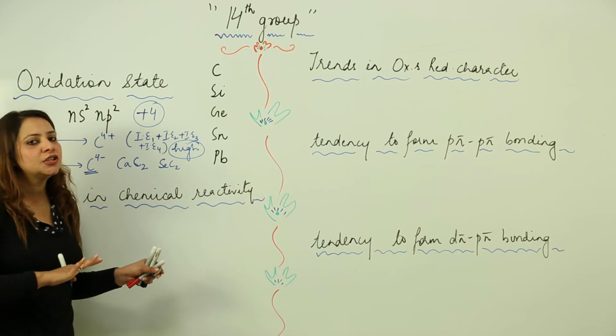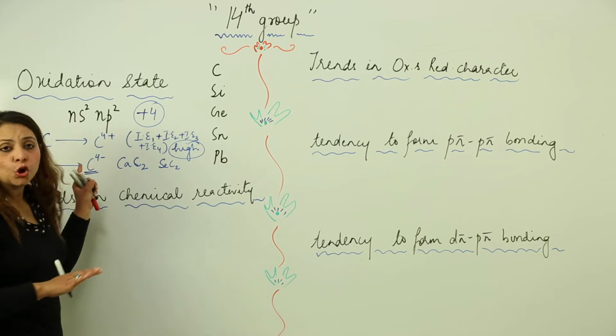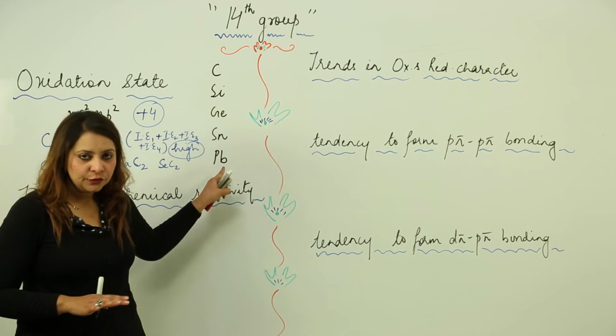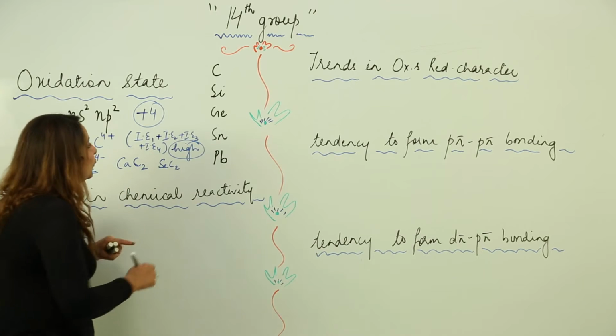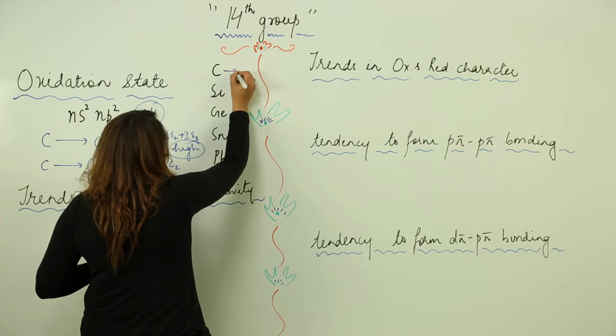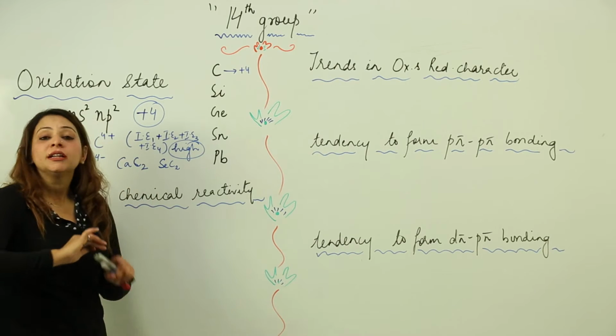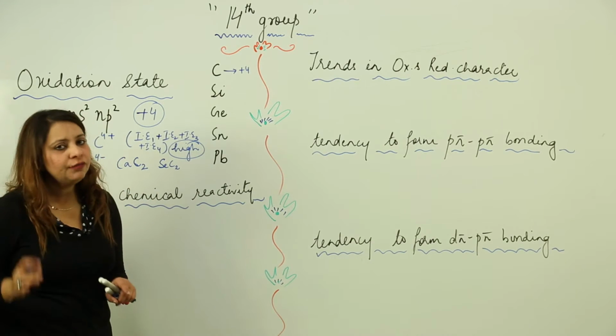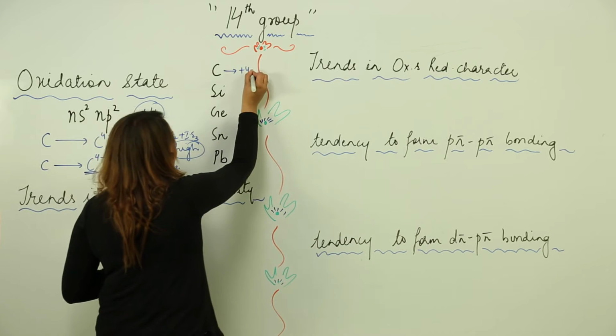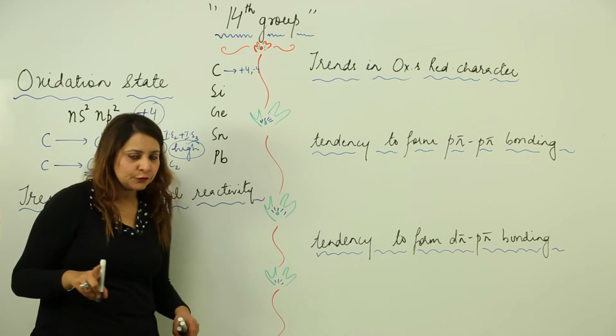Otherwise, it is also energetically unstable. So carbon may exist in +4 or -4, though it is energetically not favorable.